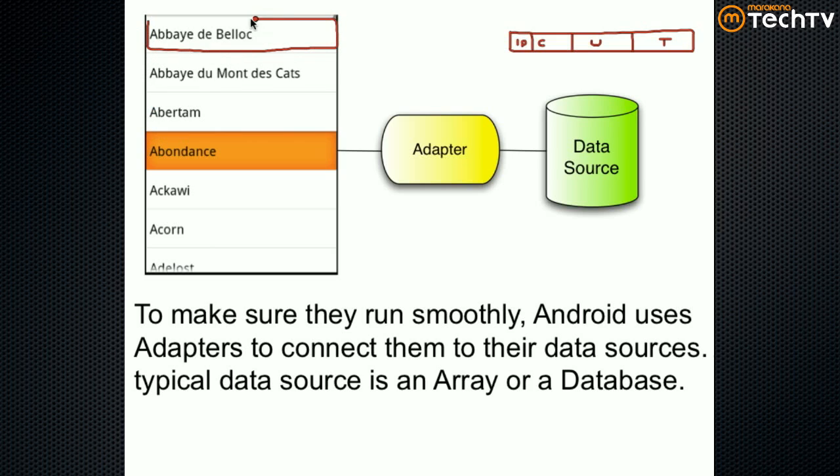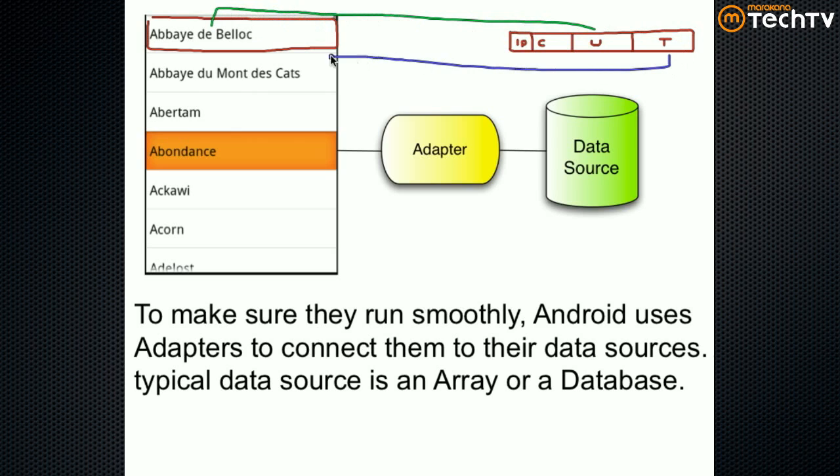How many fields does this guy have? Initially it could just have one, or we could use two fields, right? So in that case, which one do we want to map where? For example, if you use the one with a 2, we could have this guy mapped to a field up here, and then have this guy mapped to a field right here, or something like that. Make sense? So the layout corresponds to the layout of this particular one item, one single row. That's what the layout is.